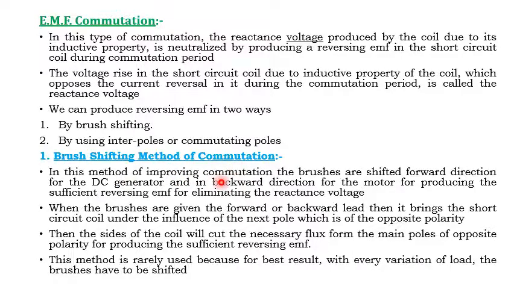In this method of improving commutation, the brushes are shifted in the forward direction for the DC generator and in the backward direction for the motor, for producing sufficient reversing EMF for eliminating the reactance voltage.